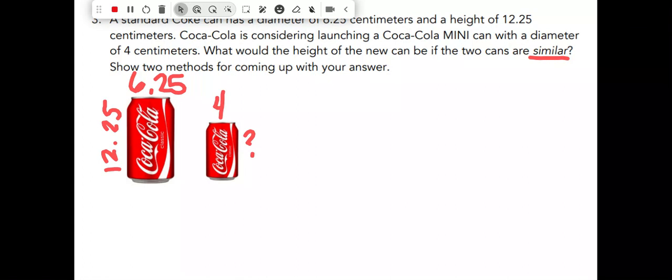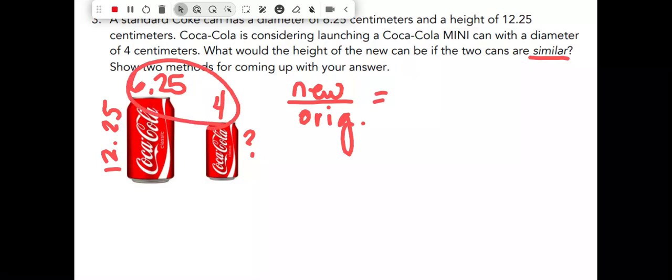Okay? So I'm going to find the scale factor by doing the new divided by the original and the pair that I know. So 4 divided by 6.25. That scale factor gives me what?